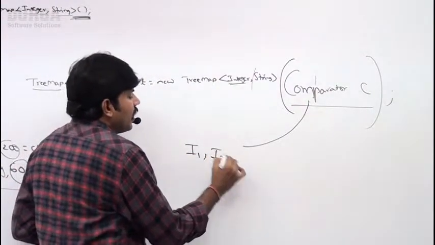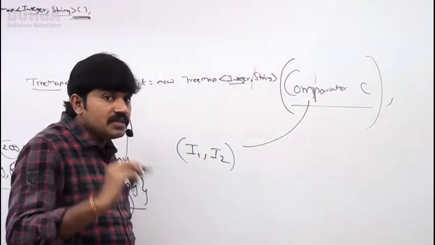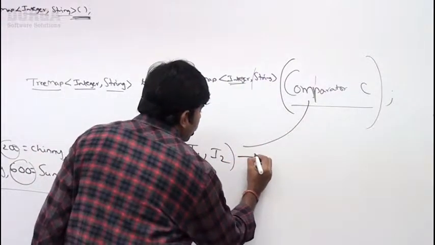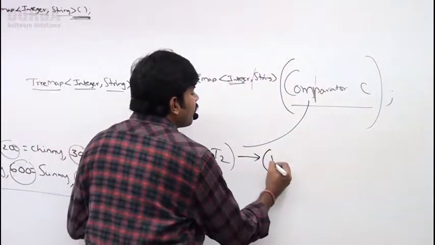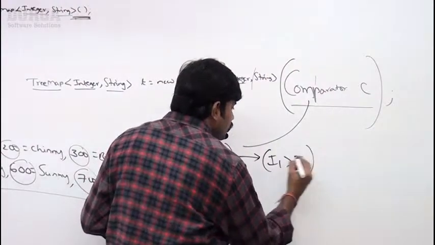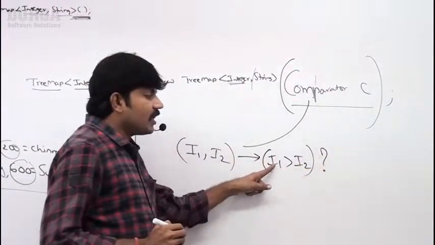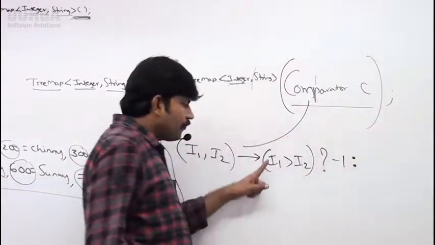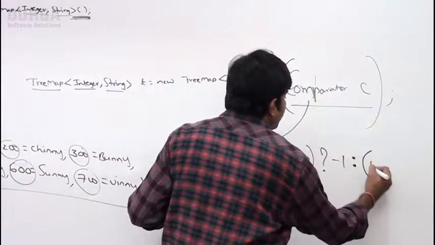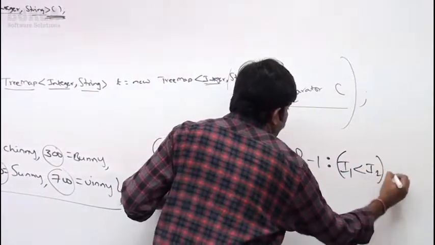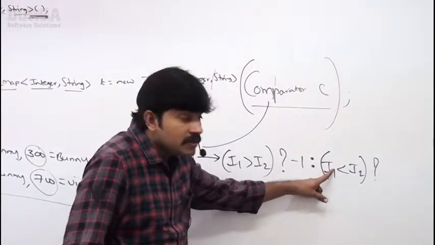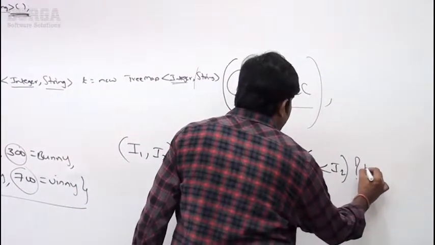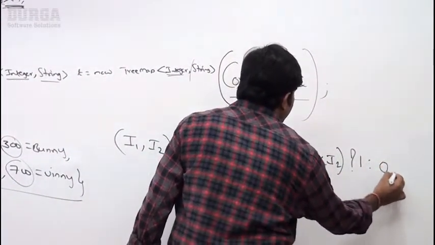I1 comma I2. Assume that these are the keys, the arguments to the compare method. Now, if I1 greater than I2, question mark, the bigger value should come before, that's why -1 colon. If this is not greater, then I1 less than I2, the smaller value should come after, so 1 positive number, otherwise 0.